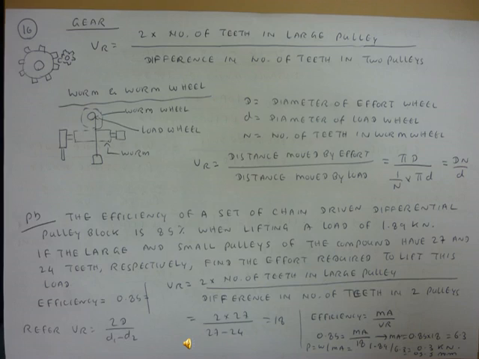So the efficiency is 0.85, MA is unknown, and VR is 18. Then you calculate the mechanical advantage, MA is equal to 6.3. And then P is equal to W by MA, so weight divided by the mechanical advantage, 1.89 divided by 6.3, you get 0.3 kilonewton. So this is the way we can calculate the efficiency and the effort.